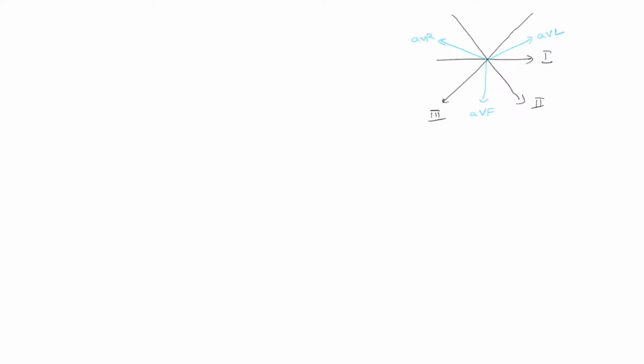And we also said that 1 is at 0 degrees, AVL is negative 30 degrees, AVF is 90 degrees, AVR is negative 150 degrees, lead 2 is 60 degrees, and lead 3 is 120 degrees.